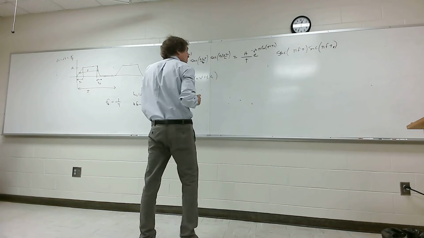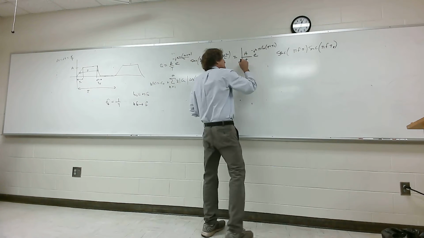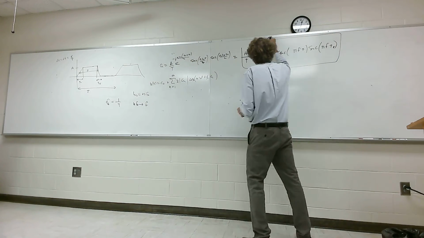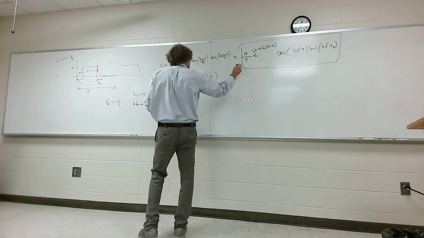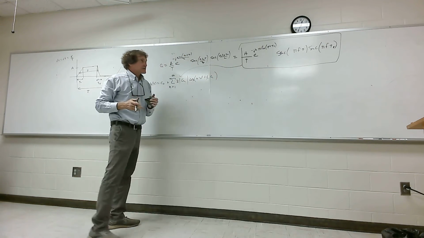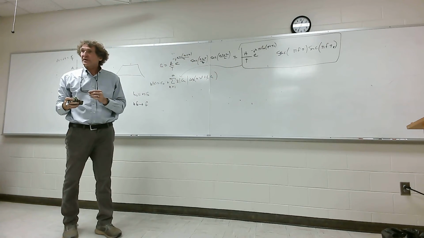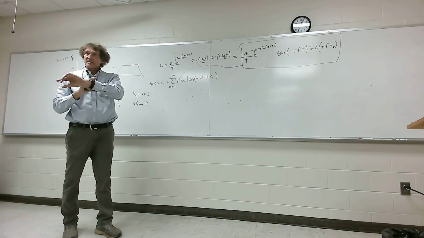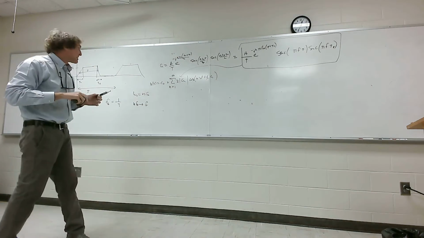Now this is important. When I take a look at this and put it in here, I see there's a 2 in front of it. You all with me? Now please, this is the bottom line.